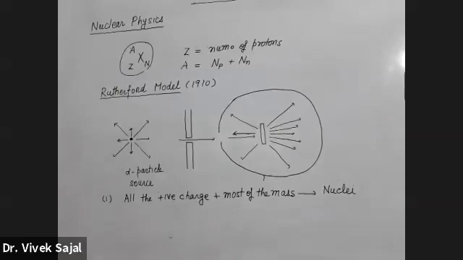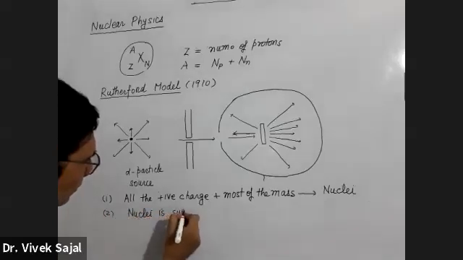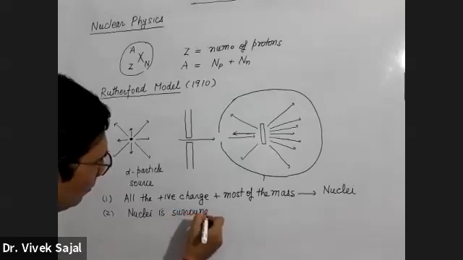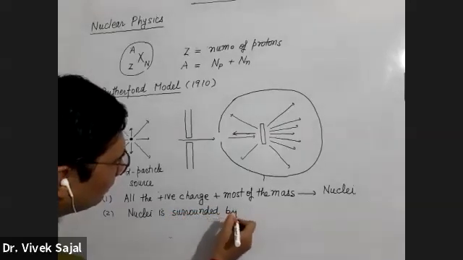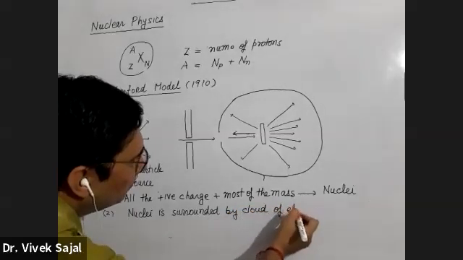Number two. This was his first thing. Second, he was saying that this nuclei is surrounded by a cloud of electrons.